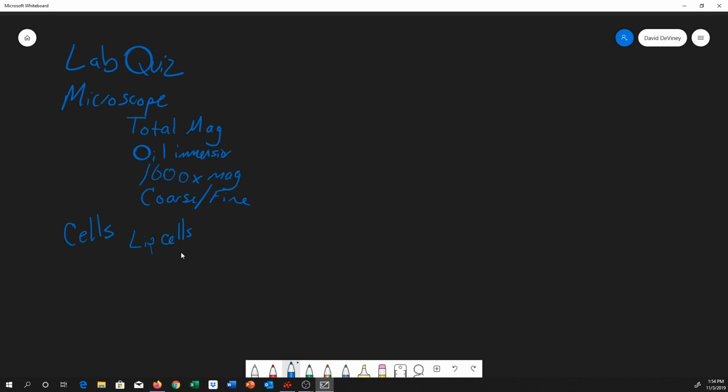I had you look at some yogurt. I had you look at just a variety of different cells, and really the point there was to see the difference between the size of prokaryotic and eukaryotic cells. I'm not going to give you pictures of cells and have you identify them necessarily, but I would expect that you would know general differences as far as size there.